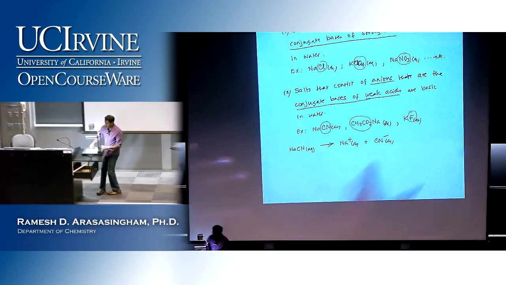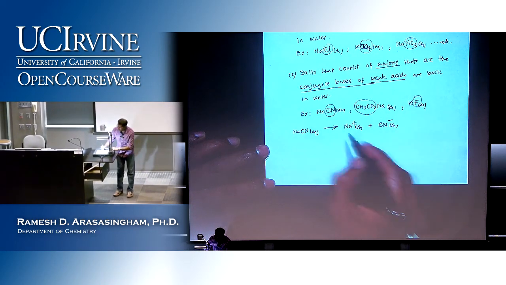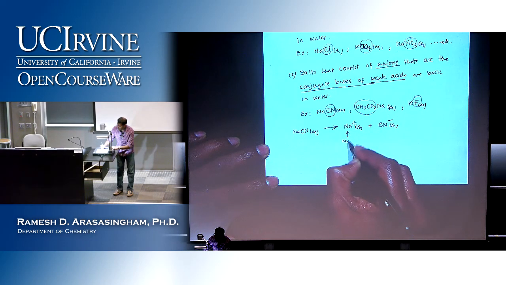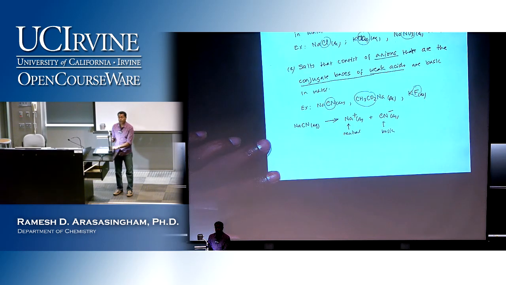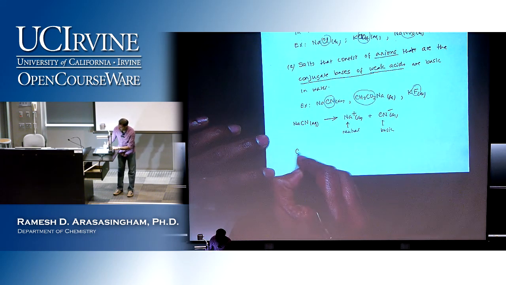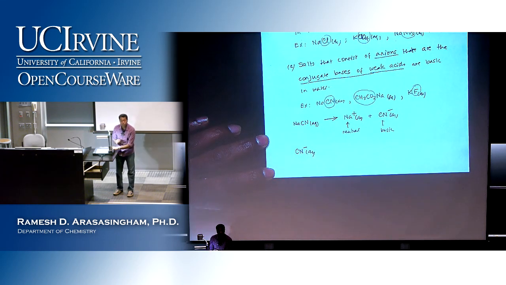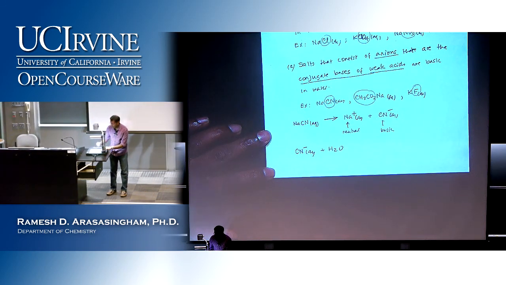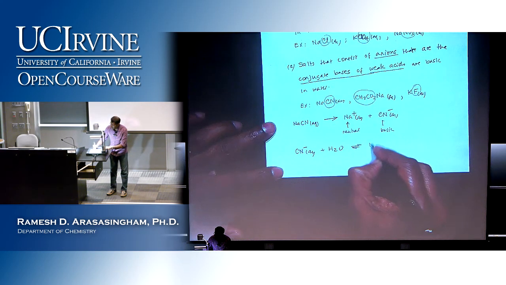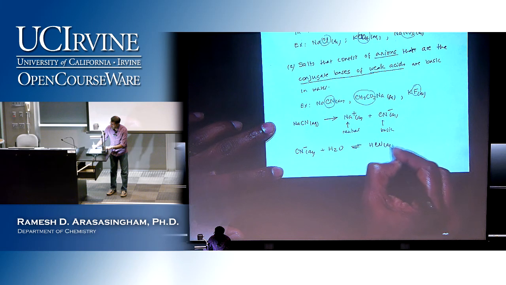And then after this dissociation is complete, now this is neutral, and this will be basic. All right? And so now, because it's basic, it's the conjugate base of a weak acid, and the reason it's basic is you will establish this equilibrium. In water, it's going to give you HCN aqueous plus OH minus aqueous.